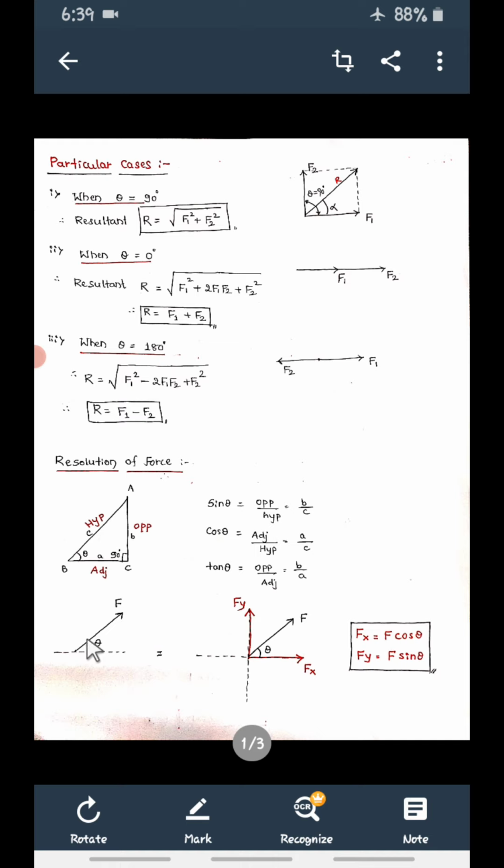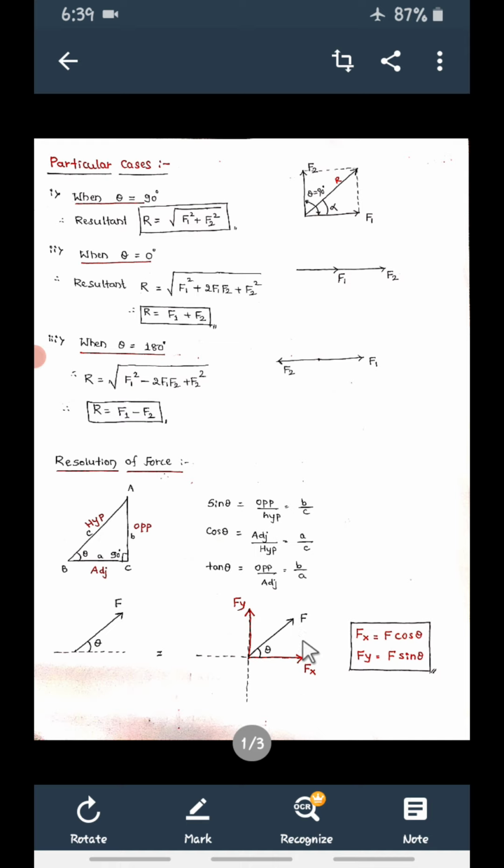With reference to this angle theta, if I take this force along the x-axis, then this becomes Fx. Fx is the component of this force along the x direction. So Fx is equal to F into cos theta. Remember, when an inclined force is resolved along the x-axis, if this is angle theta, then Fx is equal to F cos theta.